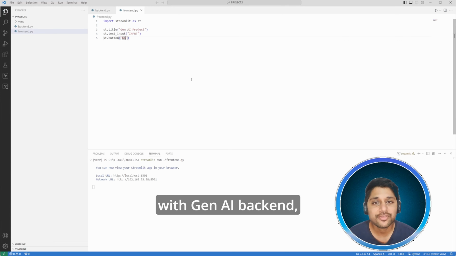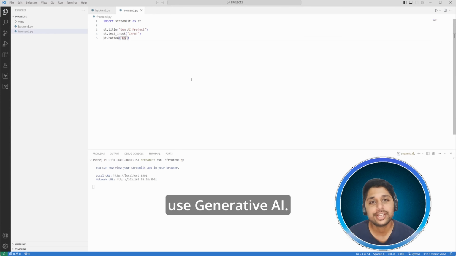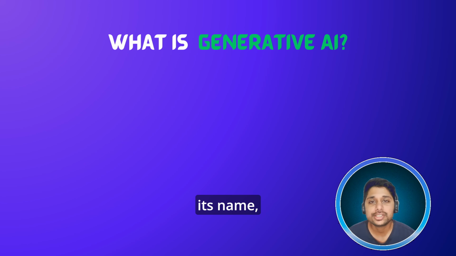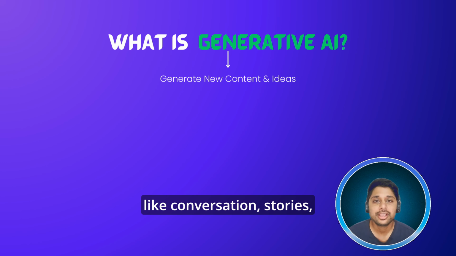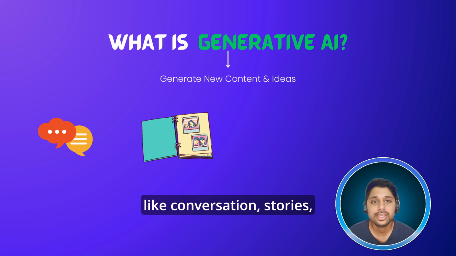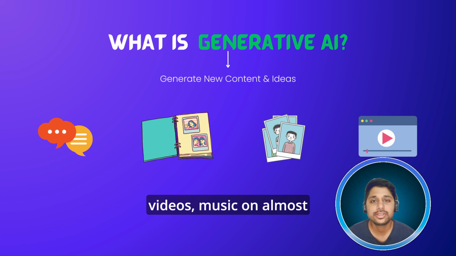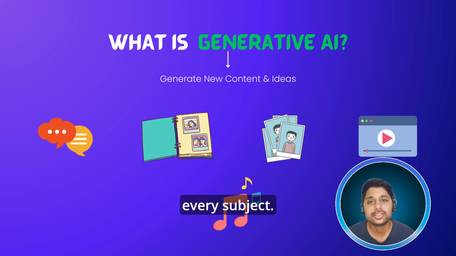So before we start with the GenAI backend, let me give you a quick overview about GenAI and why it is so easy to use generative AI. As is clear from its name, generative AI can generate new content and ideas like conversations, stories, images, videos, music on almost every subject.